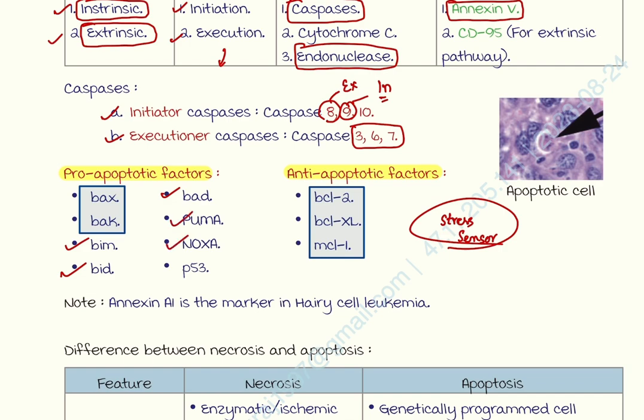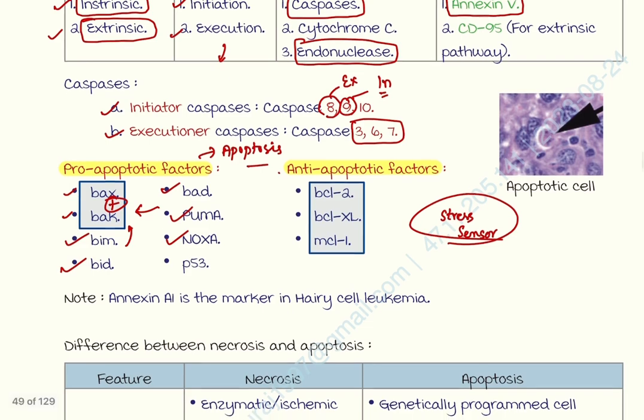So these are the factors which sense whether any stressful conditions or insults are happening, and accordingly they activate the pro-apoptotic factors. Once these pro-apoptotic factors are activated, there will be apoptosis. And the anti-apoptotic factors won't allow apoptosis.